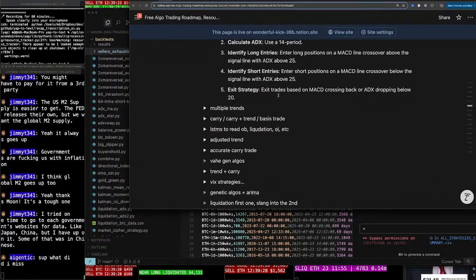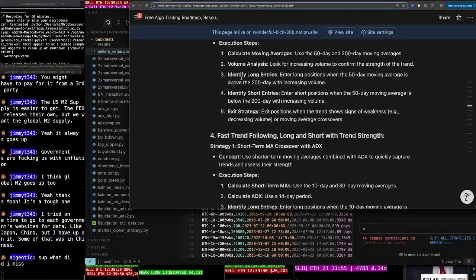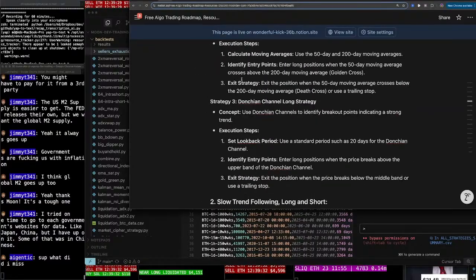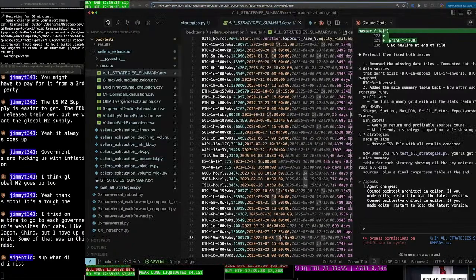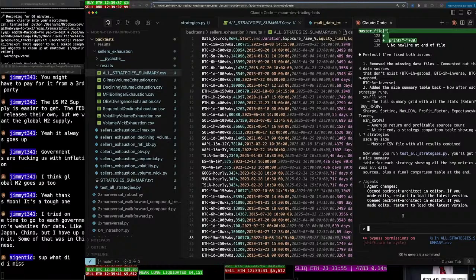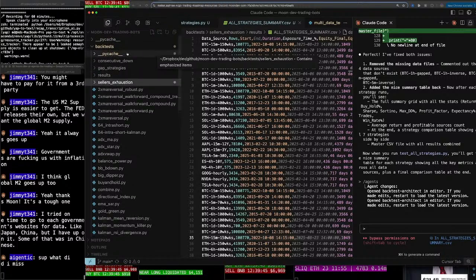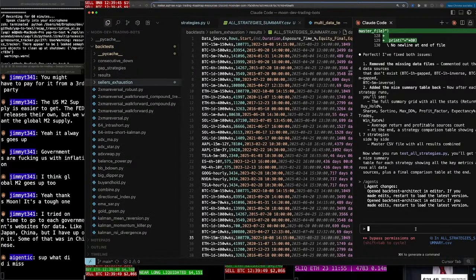Okay, these are a bunch of trend following ideas I have written about earlier. So there's going to be some simple ones in there, but that's cool. Okay, so I want you to make a new folder here. Use the backtesting orchestrator in order to test all of these ideas.